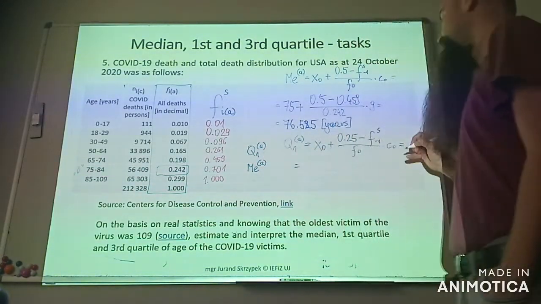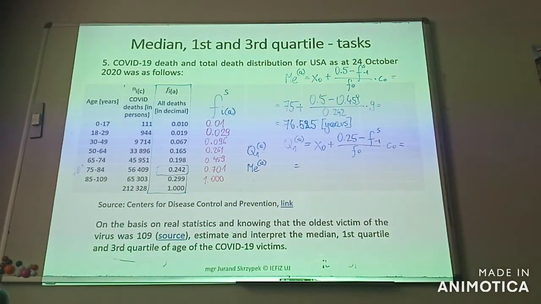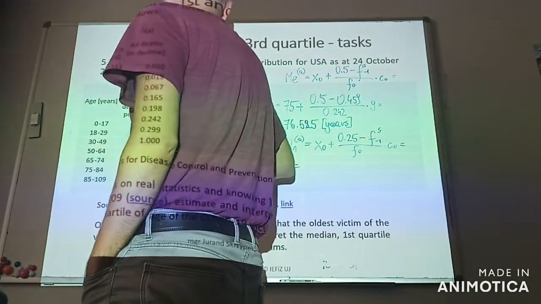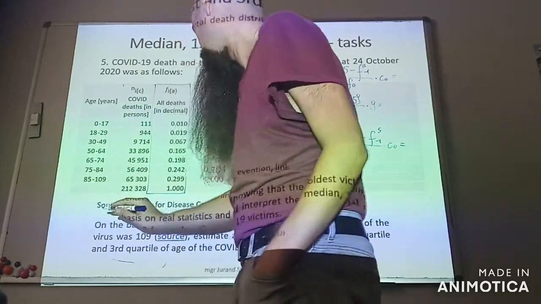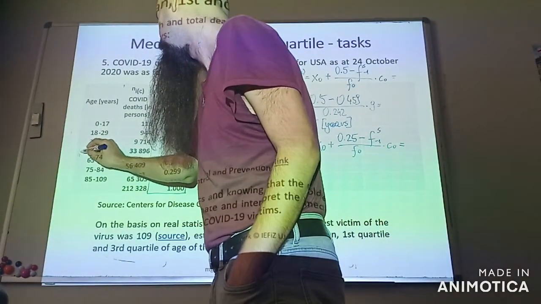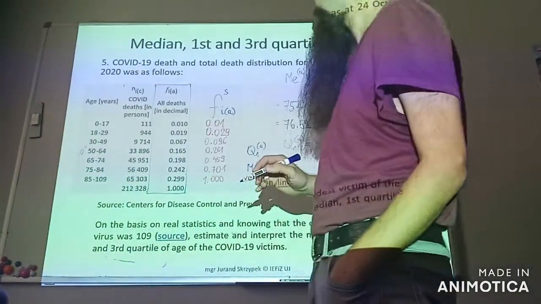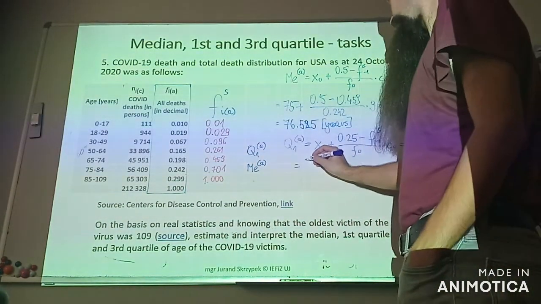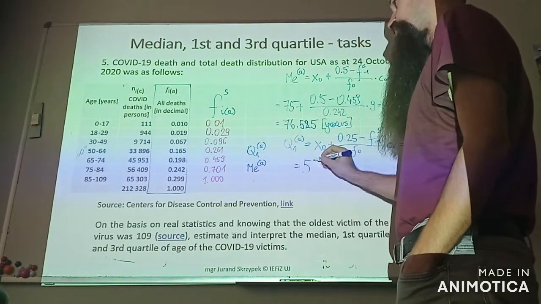So we are able now to make some computations. Here we have a new zero level, and we start with the lower bound of this class.